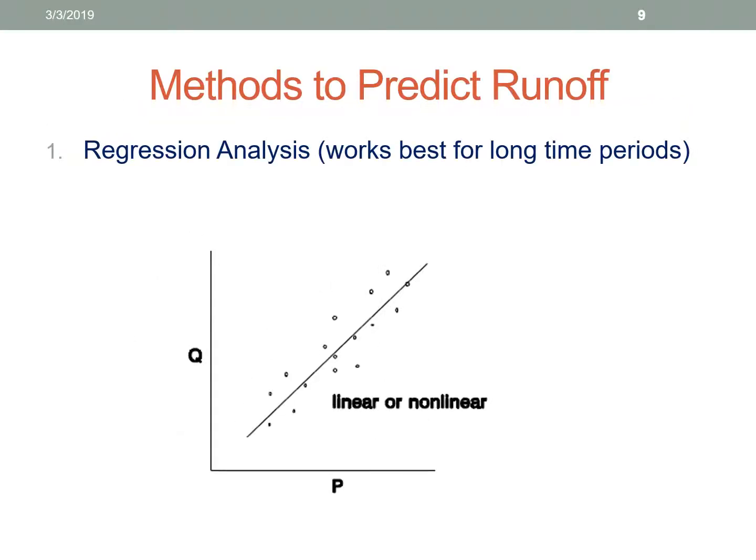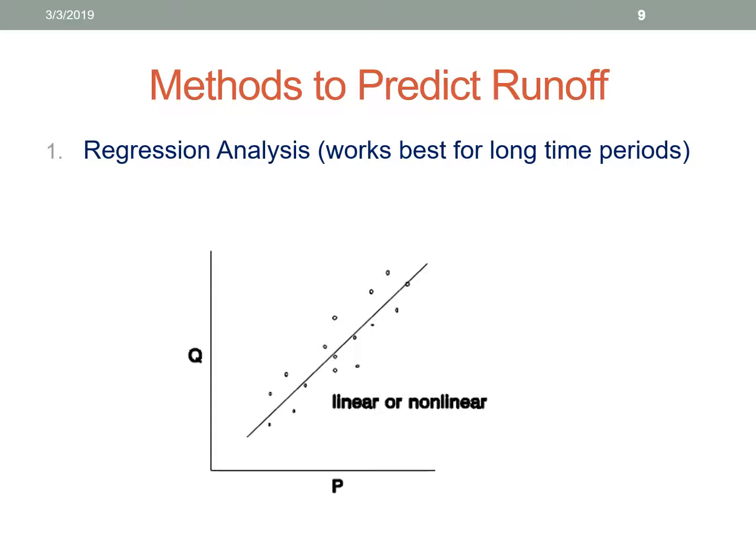Methods to predict runoff. How can we predict how much runoff we will have? The first is regression analysis. It works best for long time periods. If you have precipitation P and runoff Q, you see points here.